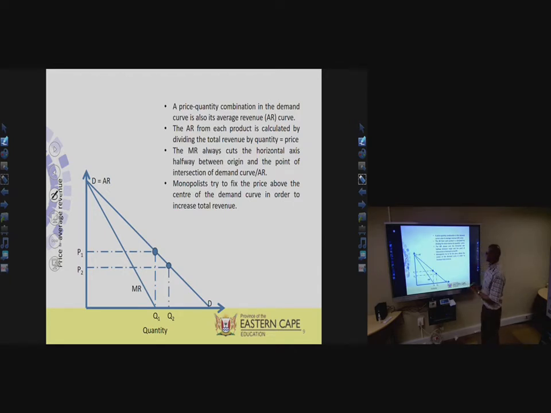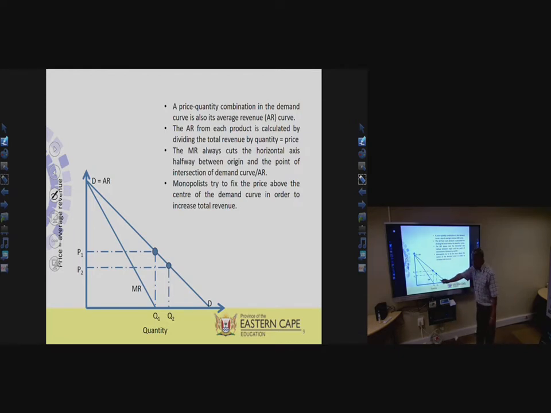We get into the other point. The MR always cuts the horizontal axis halfway between the origin and the point of intersection of the demand curve, AR. What do they mean here?